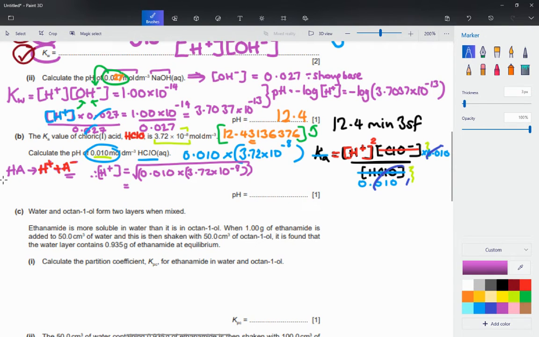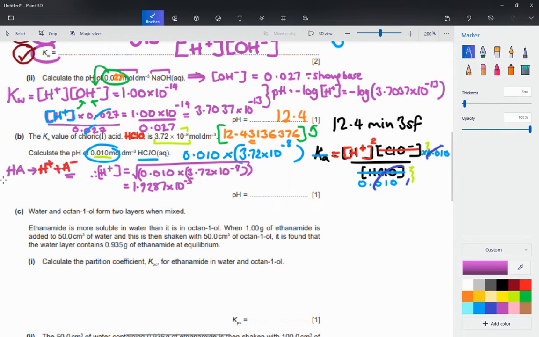Okay. So I'm just going to shorten that to 1.9287 times 10 to the minus 5.